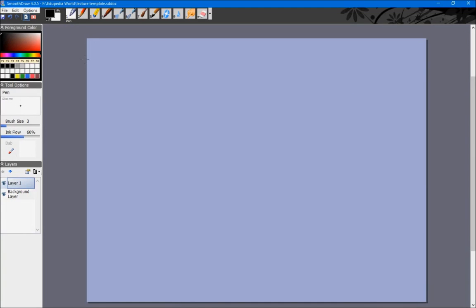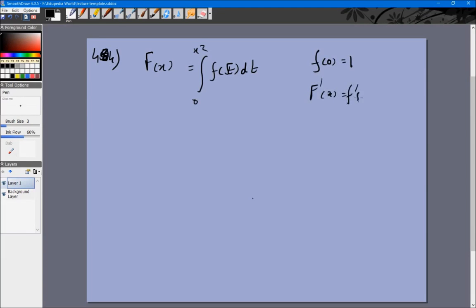Let's move on to question 44. Now we do 44. We are given a function capital Fx is equal to integral 0 to x squared f of root t dt, and we are given f of 0 is equal to 1, and we are given F dash of x is equal to f dash of x for all x between 0 and 2.